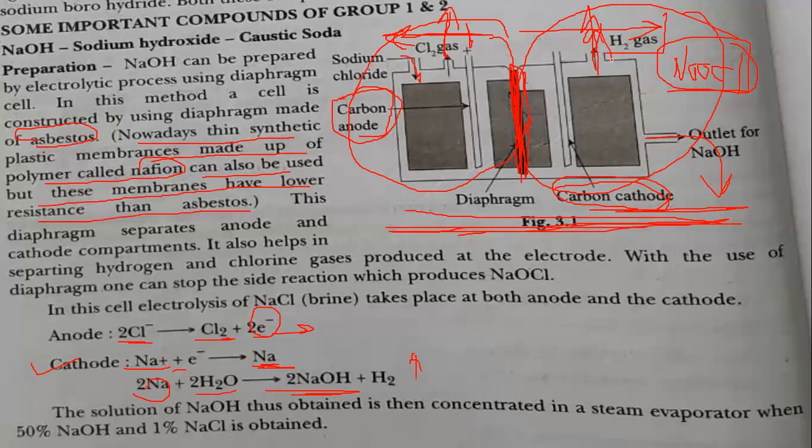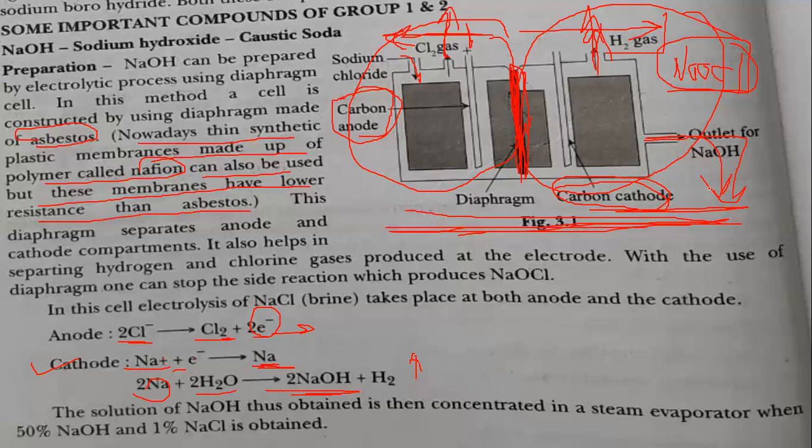At the right hand and bottom there is an outlet to remove NaOH as a product. Along with that, about 1% of NaCl may come out, but that can be easily separated from the NaOH. There are purification processes by which we can get pure sodium hydroxide.